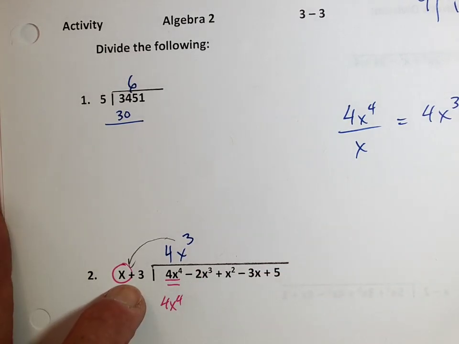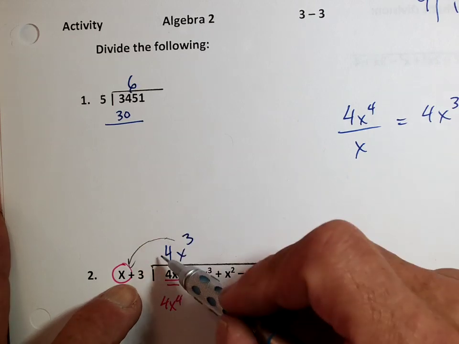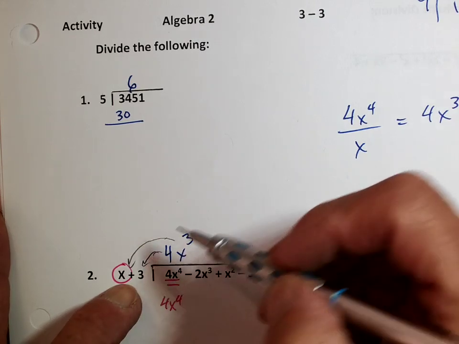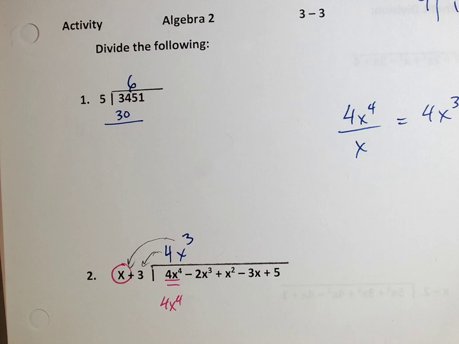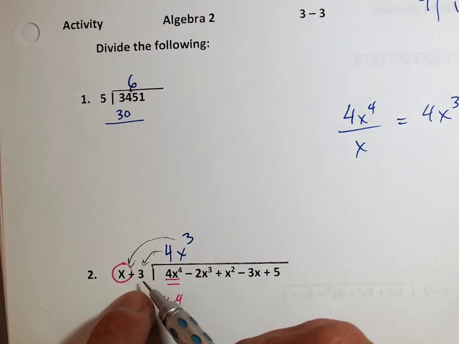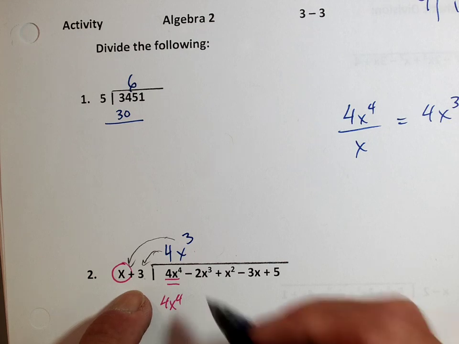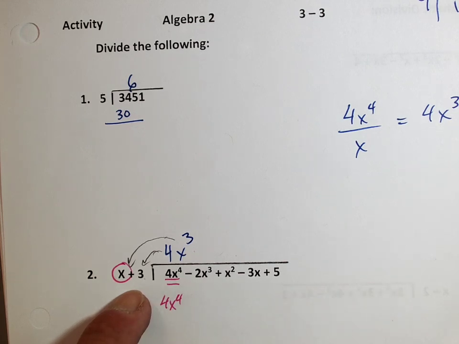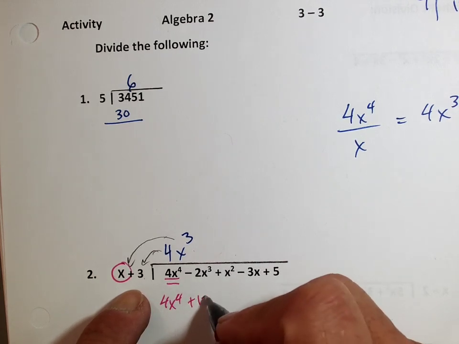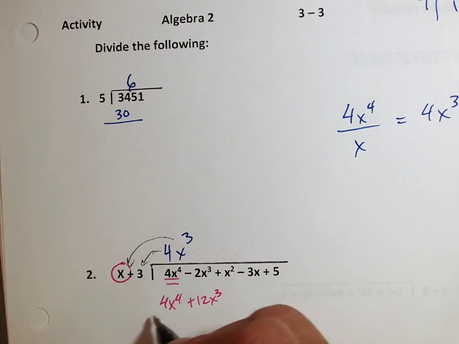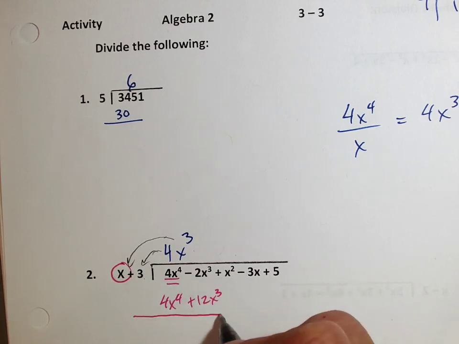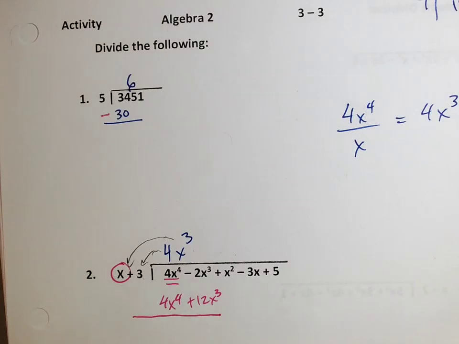So I'm also going to make sure I multiply my 4x cubed times my 3. I'm going to multiply times both of them, because the 3 is part of the problem. So when I multiply 4x cubed times 3, I get a 12x cubed, right? So I get a positive 12x cubed. And I subtract it, right?